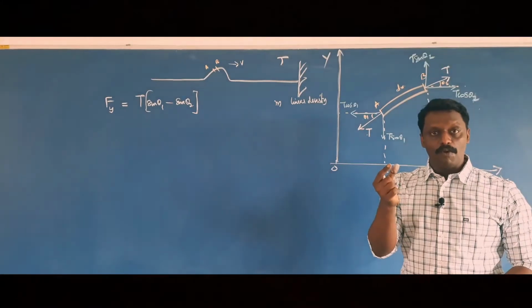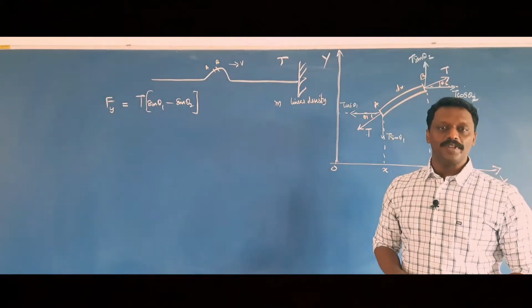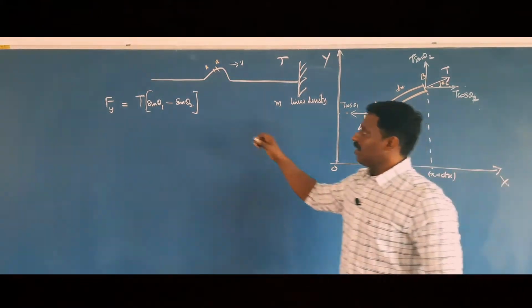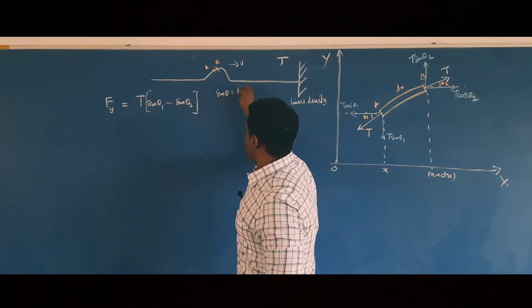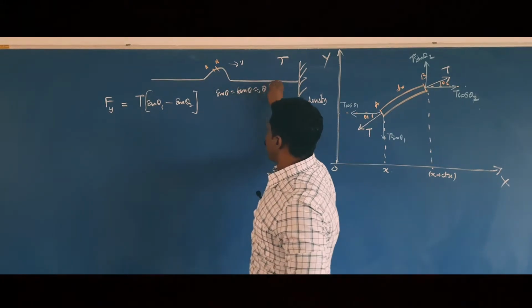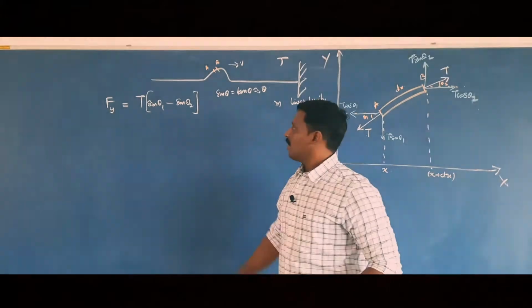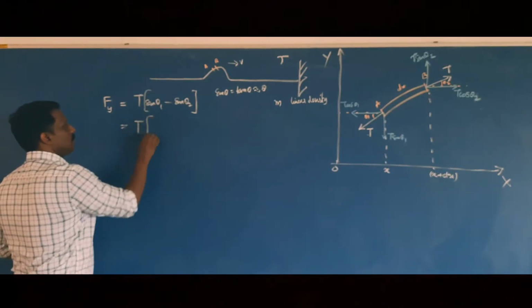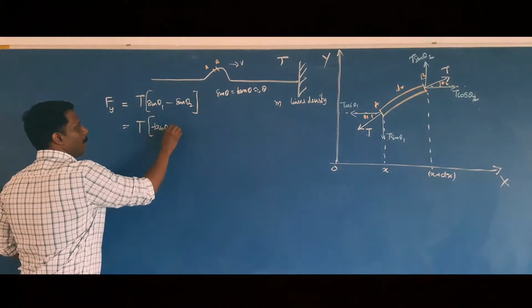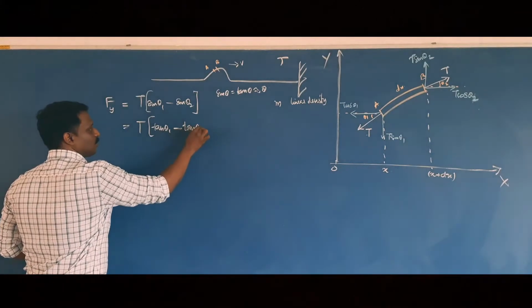Similarly, if theta is very small, tan theta also tends to be theta. So taking sin theta and tan theta nearly equal to theta for very small angles, we can replace sin theta with tan theta. So T tan theta 1 minus tan theta 2.